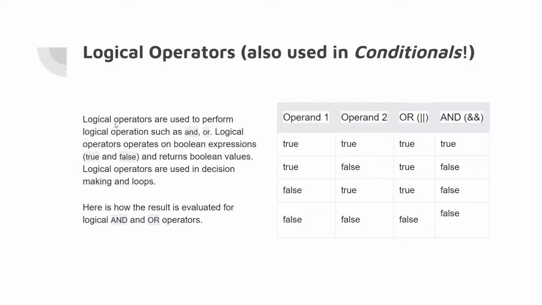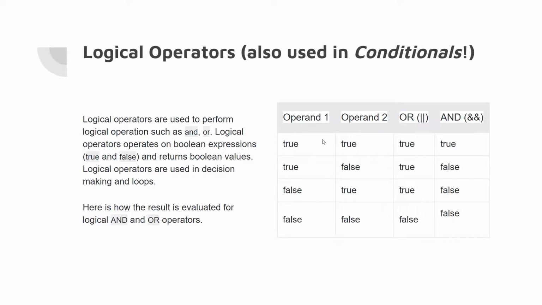Logical operators are used to perform logical operations such as and, or, right? And here's what they look like. This double ampersand and double bar here, right? Be careful, single ampersand and single bar are something different. So let's use the doubles, right?